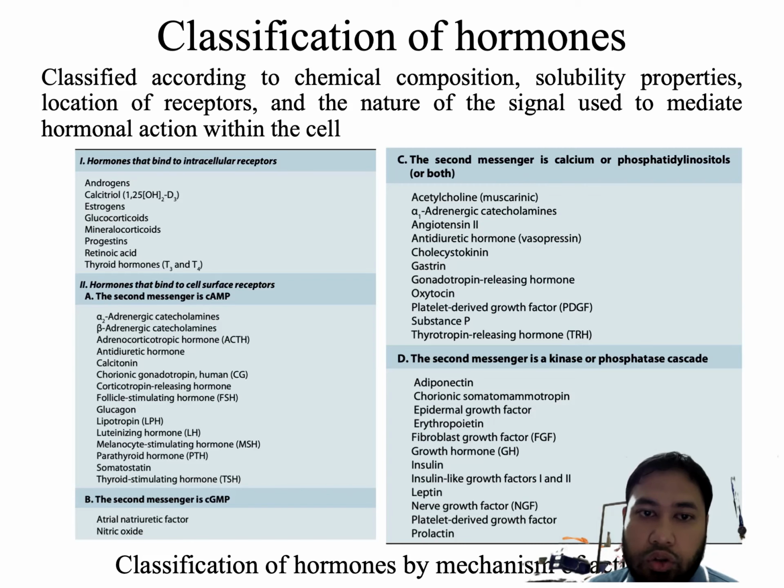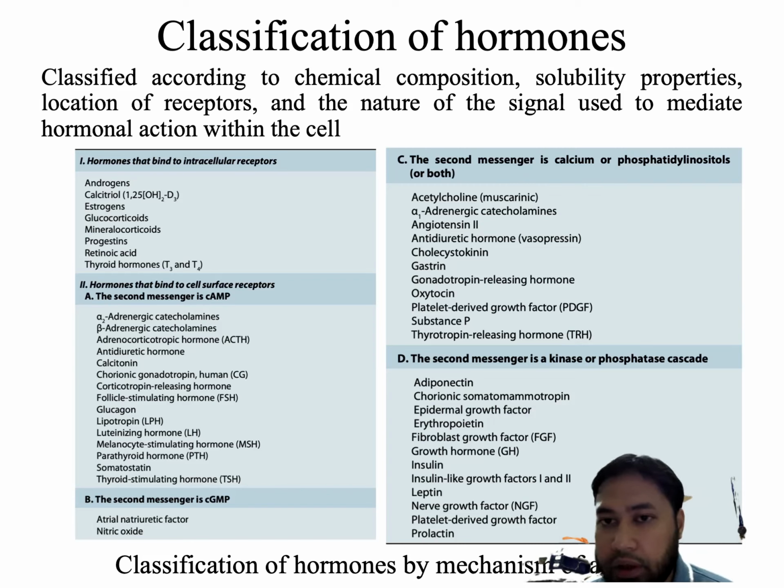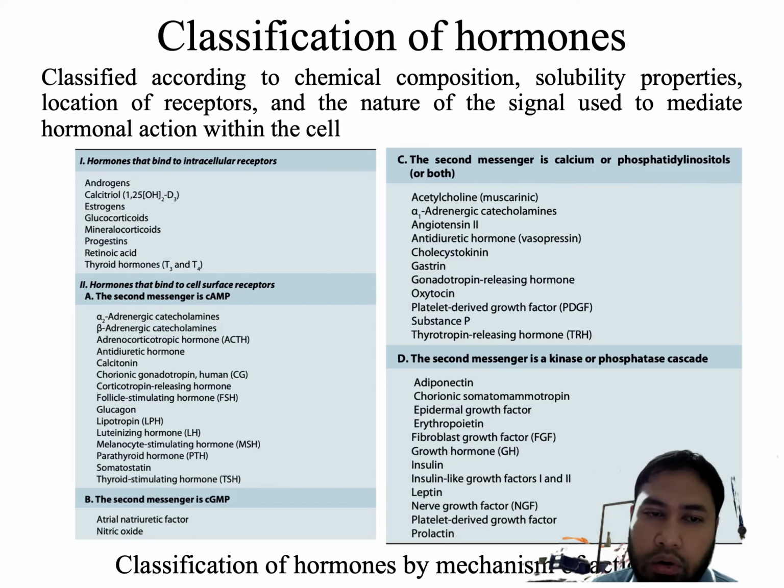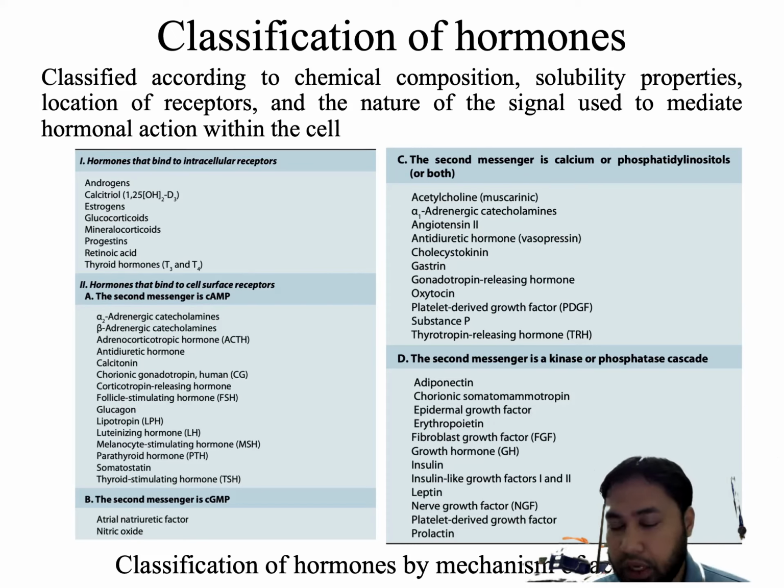In the top left corner, the first row that you can see is hormones that bind to intracellular receptors. I give examples like the androgen, the hormones for the males. You have the calcitriols, also steroid base or lipid base hormones.